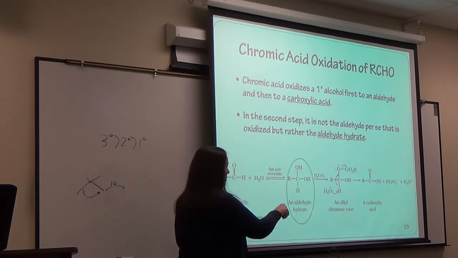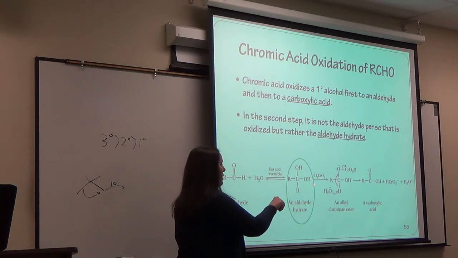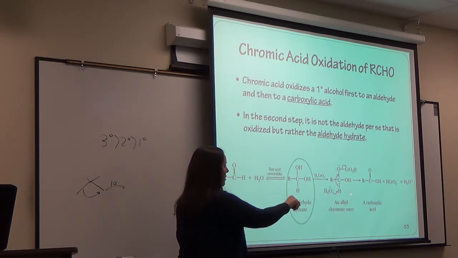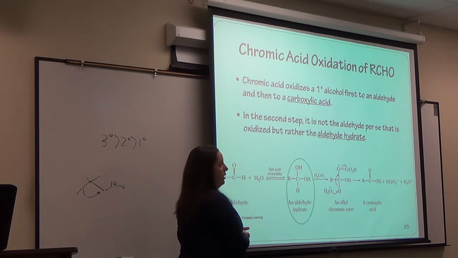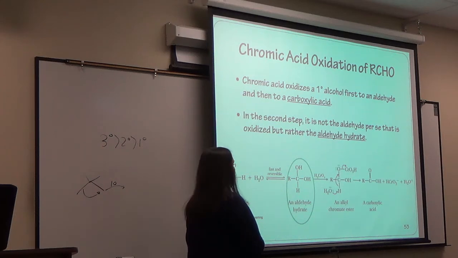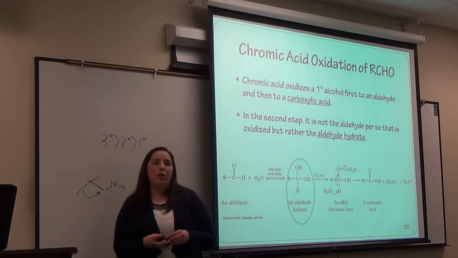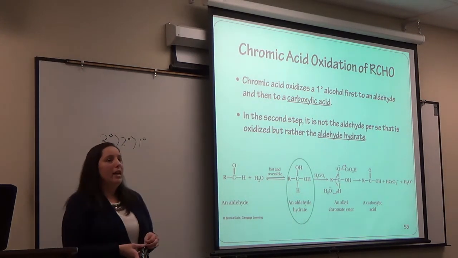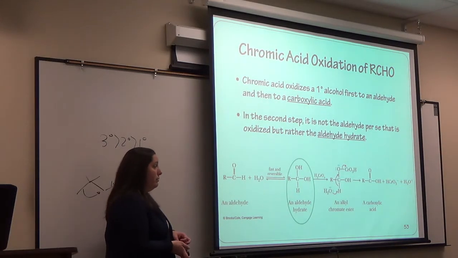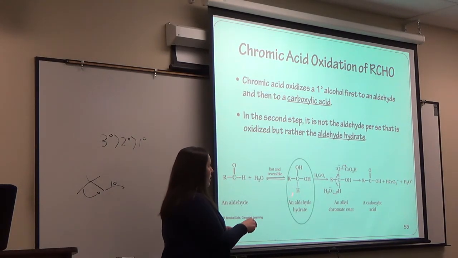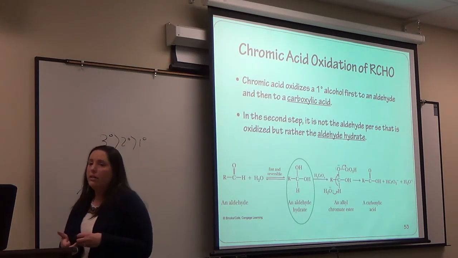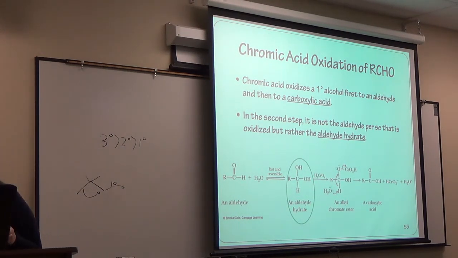And that's the reason. This is very unstable. It quickly becomes the carboxylic acid. So that is really the reason, even though we know there's an aldehyde intermediate, it doesn't look like the aldehyde. It's a hydrate of the aldehyde. So that's really why it cannot be isolated under the chromic acid conditions. Okay.